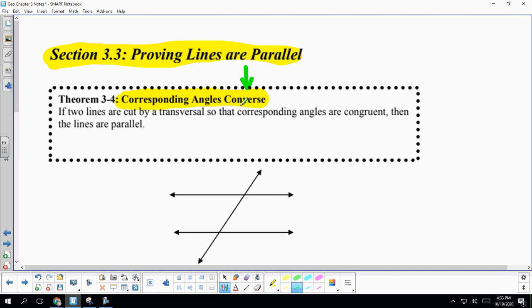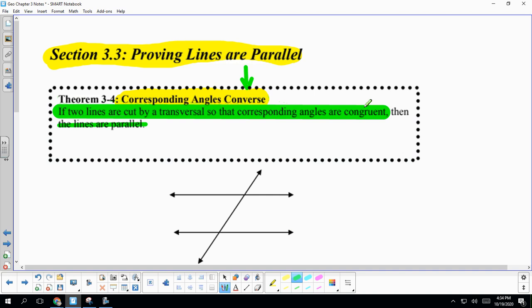So we are going to say instead, if two lines are cut by a transversal so that corresponding angles are congruent, so we're starting with the angles being congruent, then the lines are parallel.